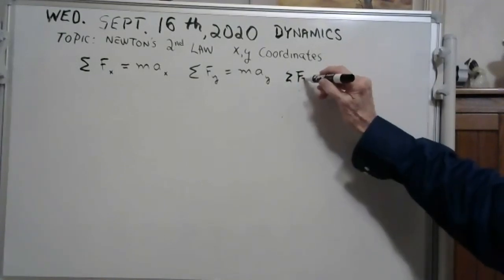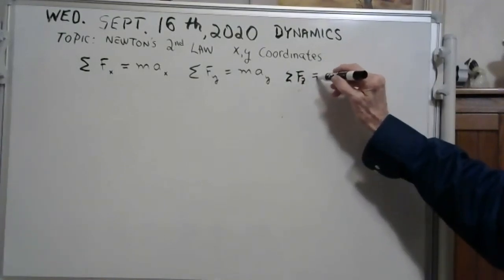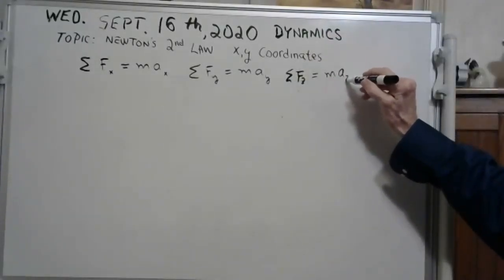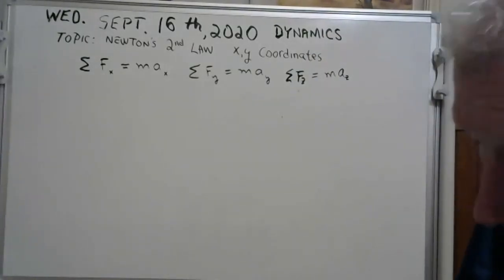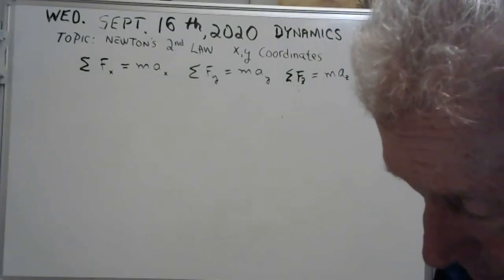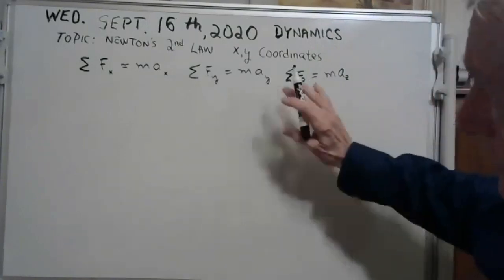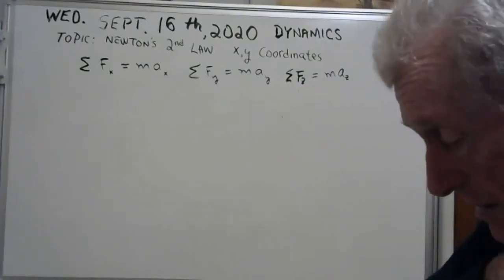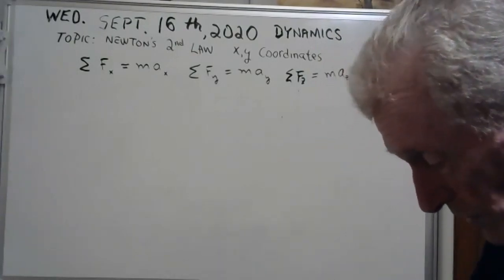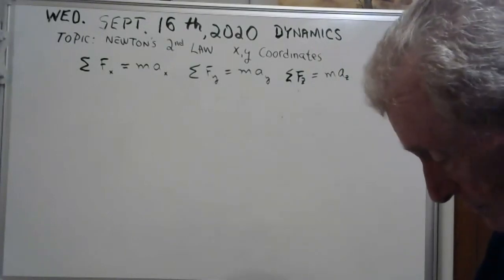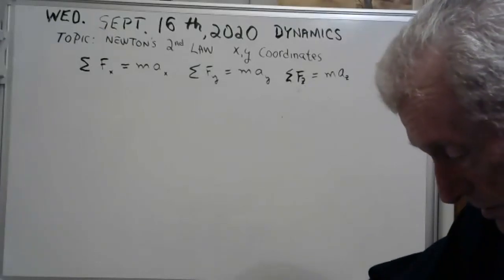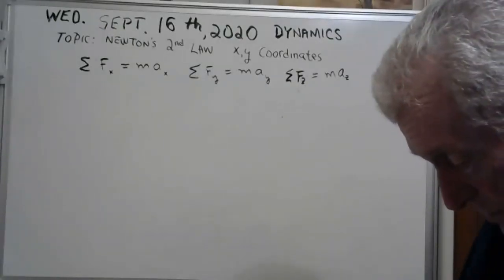Let's just put a z like that. But let's just learn how to do this in 2 dimensions for right now, so we don't even need that last one. Was there any particular problem that you wanted me to work? Because if nobody has a request, I'm just going to launch into the things that interest me.